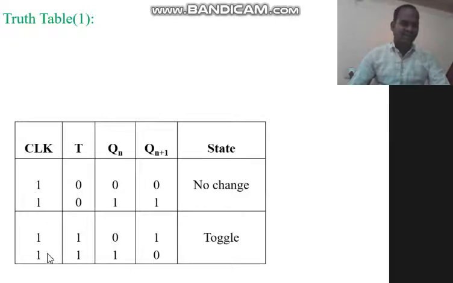Here also we can apply the clock pulse 0 condition. If clock pulse is 0, whatever the T value may be, present value 0, next value 0. Clock pulse 0 means the clock pulse is not applied. Otherwise, whatever the T value may be, present value 1, next value 1. That means again no change condition.